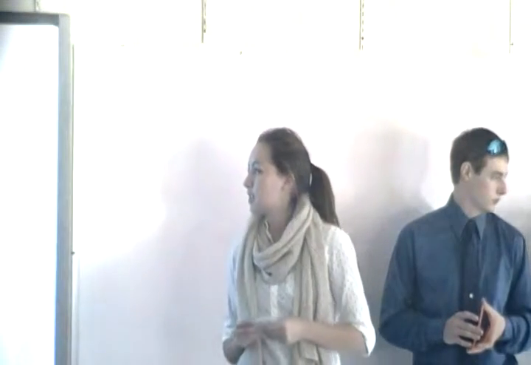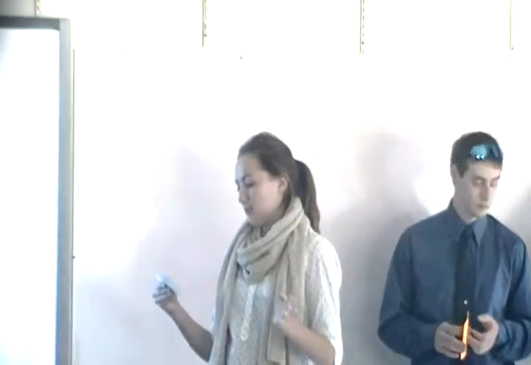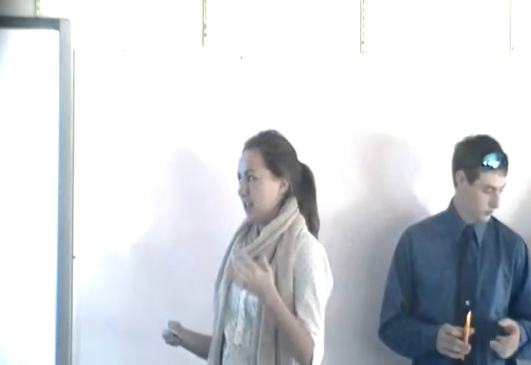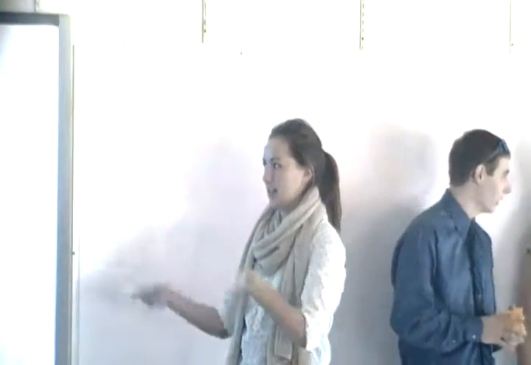Then we have spatial intelligence, which is picture smart. These people look at the world around them and perceive it very visually. So they can create and manipulate the images that they see in their head and translate that into learning.